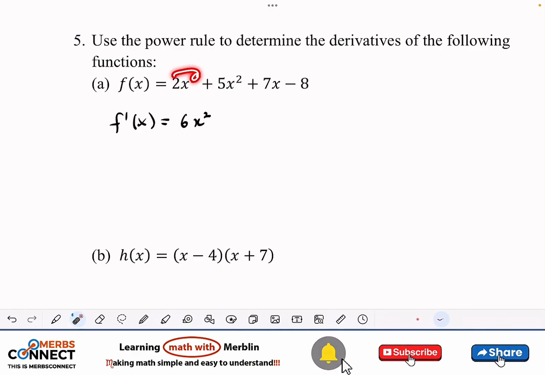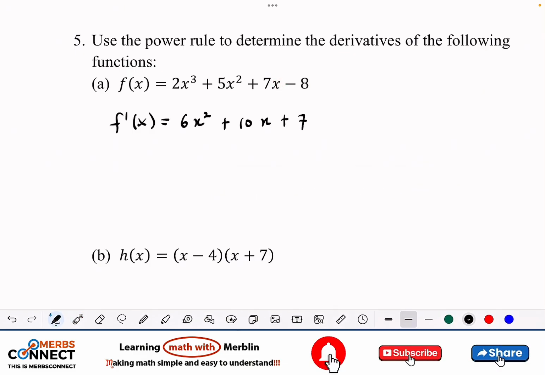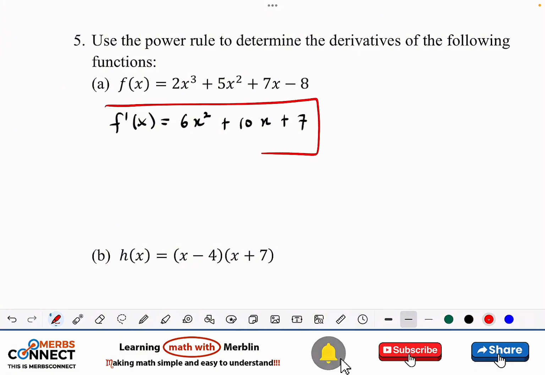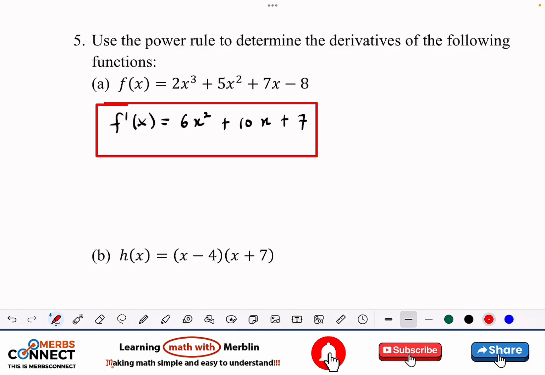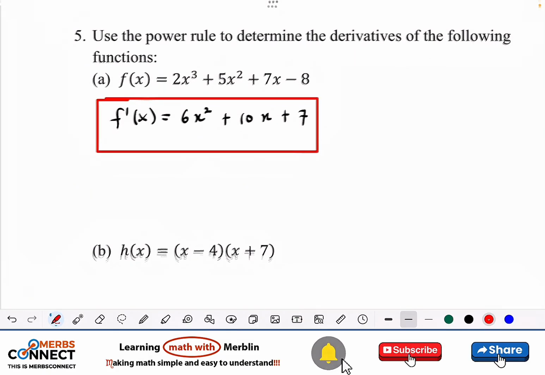So 3 multiplies this, subtract 1, plus the 2 drops to multiply this, giving us 10, subtract 1, and it will be left with just x. And then plus, when I differentiate x, I get 1, so I'll have 7. And when I differentiate the constant, I'm going to get 0. So this will be f prime. Nice. That's A. This is very straightforward.